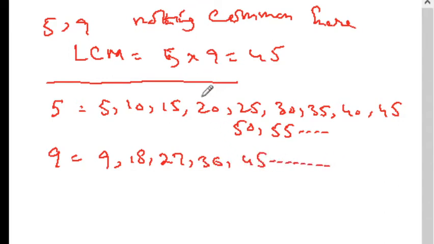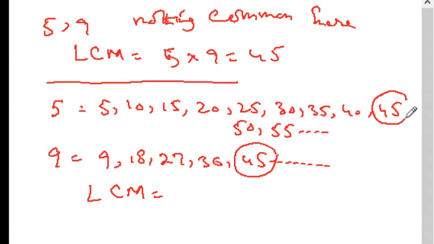Now what is the smallest multiple here? The lowest multiple, LCM, is 9 into 5, 45. So the lowest multiple is 45.